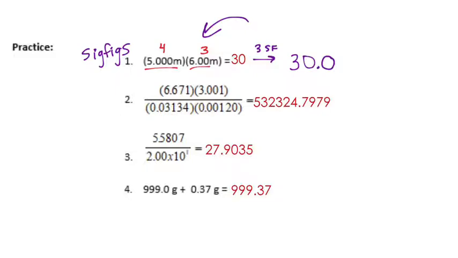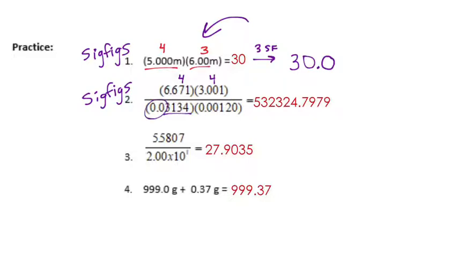Here in this next problem, we have a much longer number, and if we look at the math that was happening here, this is multiplication and division, so even when they're combined, those are still both SigFig operations, so we're going to count the SigFigs in each of these. No zeros to be questioning about in that first one, so that's 4 SigFigs. These sandwich zeros are, of course, always significant, so that's also 4 SigFigs.